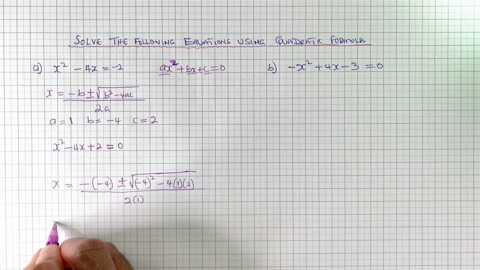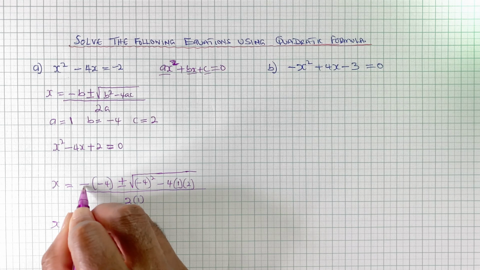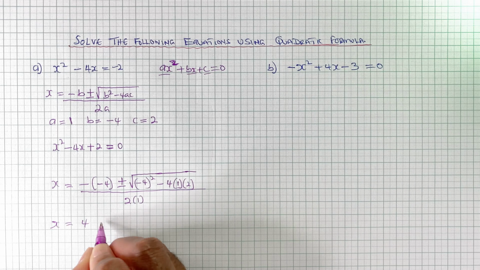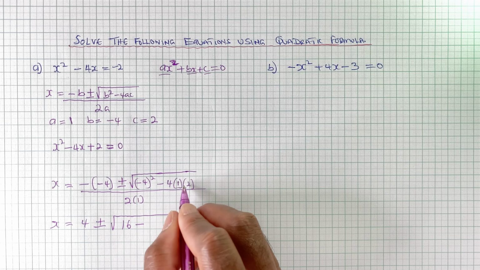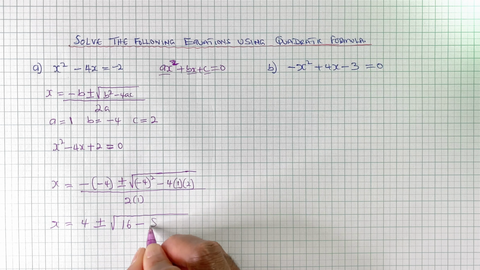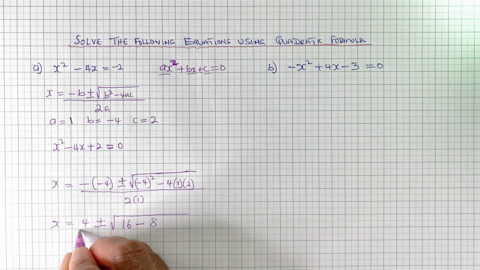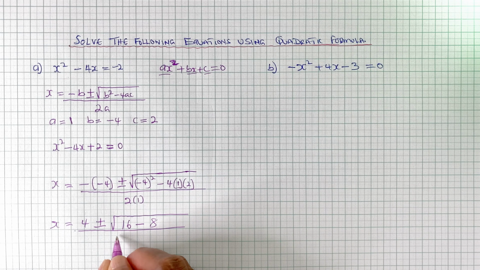And on doing that, we get x equals minus times minus 4 is 4, plus or minus square root, minus 4 squared is minus 4 times minus 4, which is 16, minus, now 4 times 1 is 4, 4 times 1 times 2 is 8, over 2 times 1 is 2.